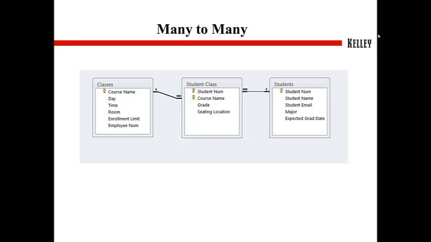And in this example, the third table is called the student class table, and it has what we call a concatenated key. The primary key in this case consists of two fields, the student number and the course name, which are the primary keys in the classes and the students tables. So in other words, if you know both the student number and the course name, then you could look up the grade, for example. Okay, so we've looked at the three kinds of relationships in a relational database model.